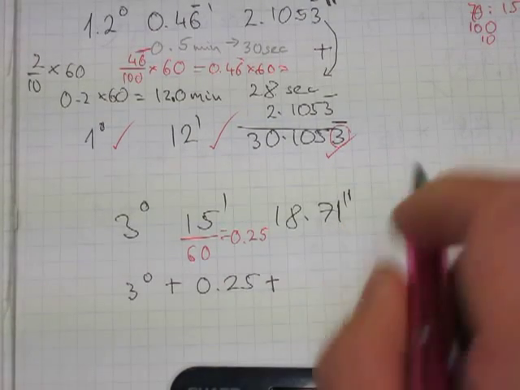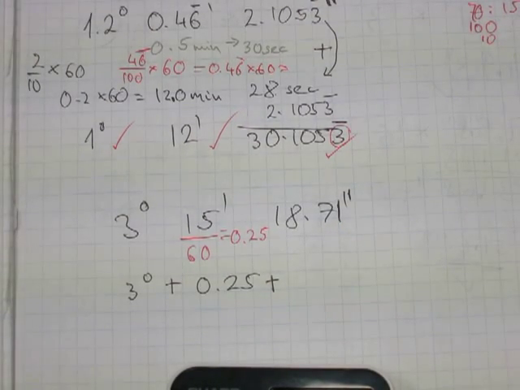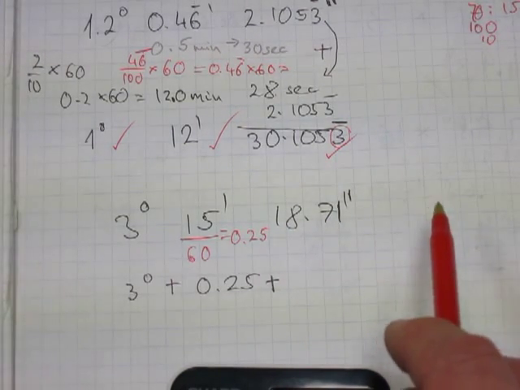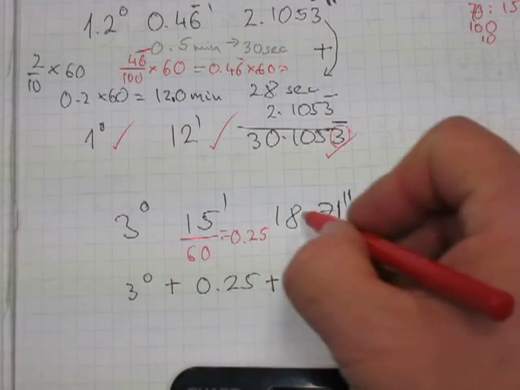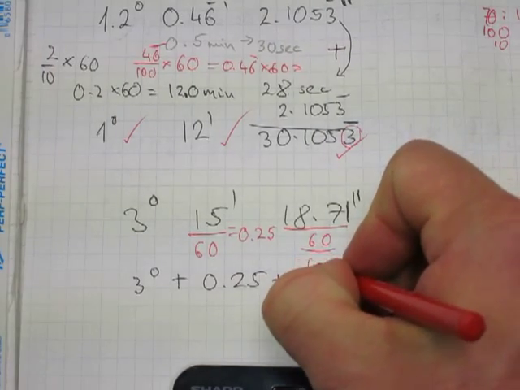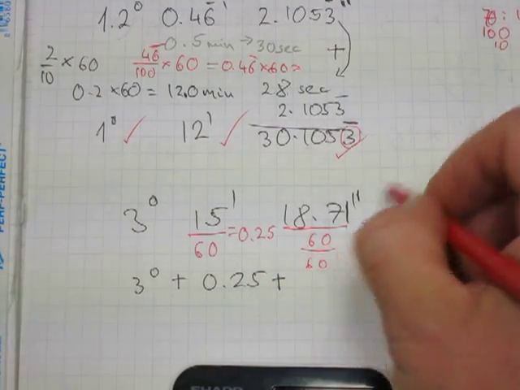And we have to do some more addition there. Now 18.71 seconds is 18.71/60th of a 60th. How that looks in fractions is that one and that one.